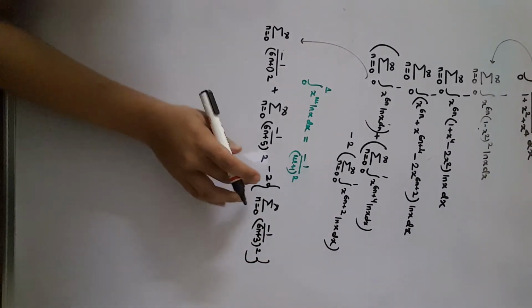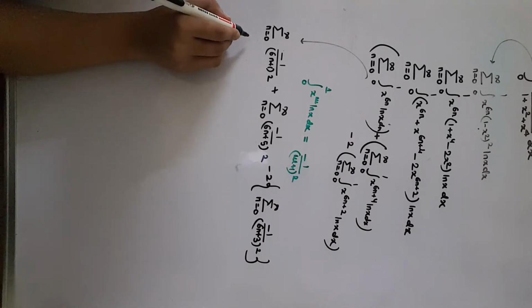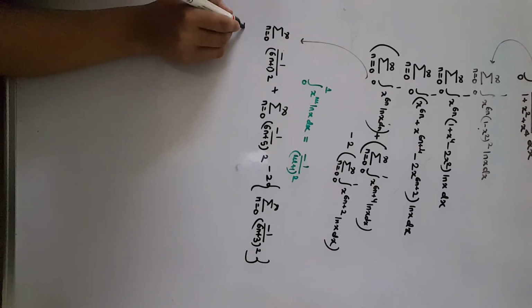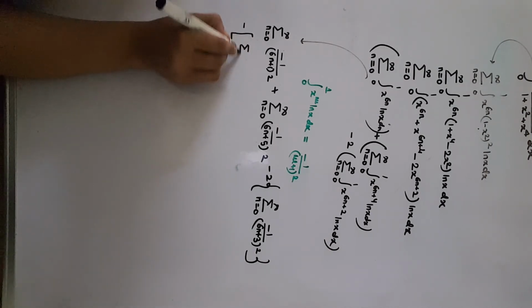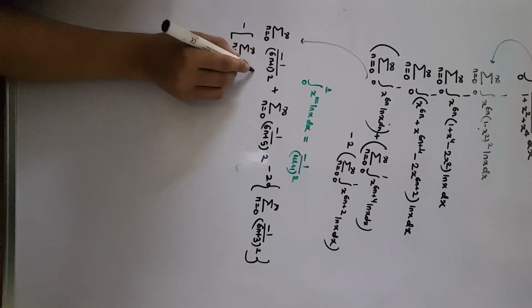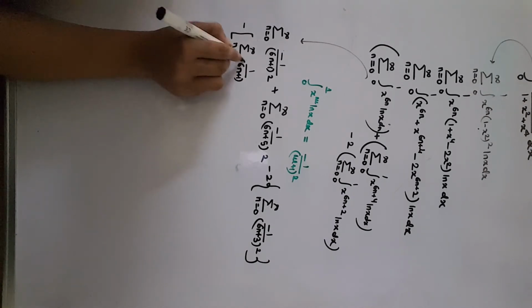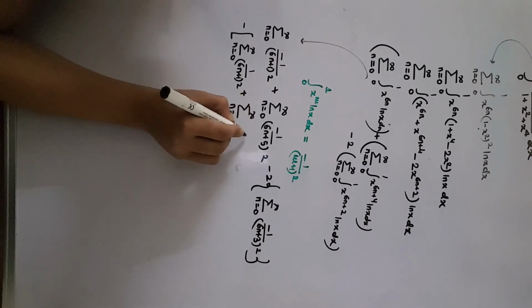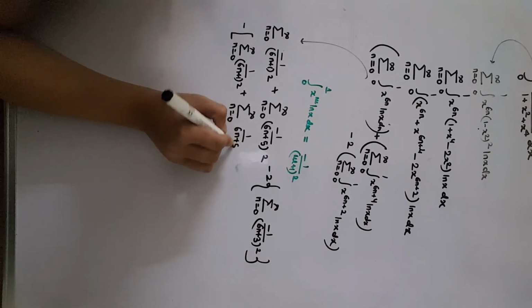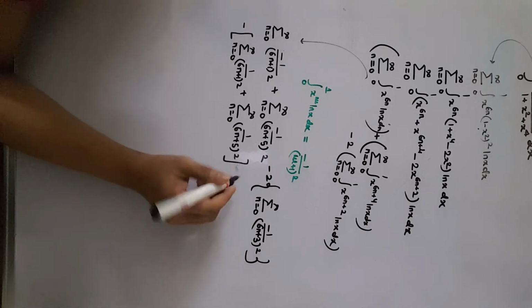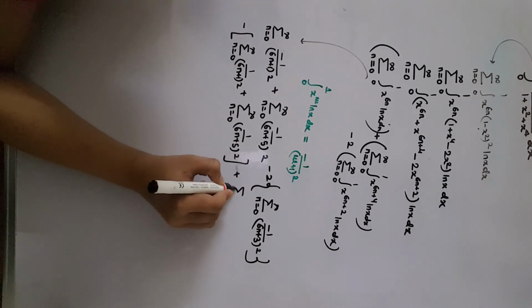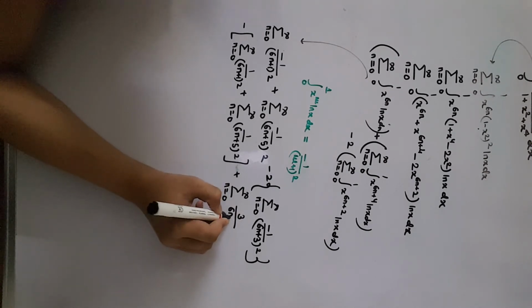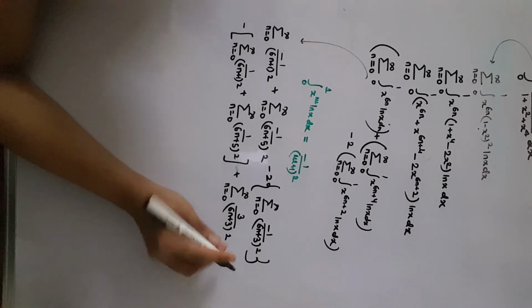Alright, so now what we can do is take the minus out: summation n is equal to 0 to infinity 1 divided by 6n plus 1 whole square plus summation of n is equal to 0 to infinity 1 divided by 6n plus 5 whole square plus summation from n is equal to 0 to infinity 2 divided by 6n plus 3 whole square.